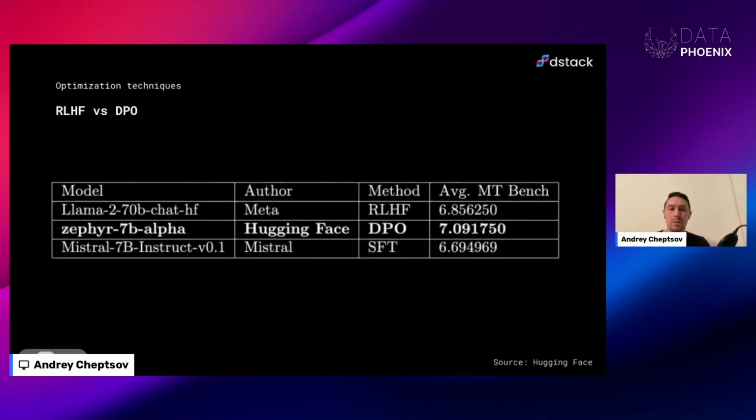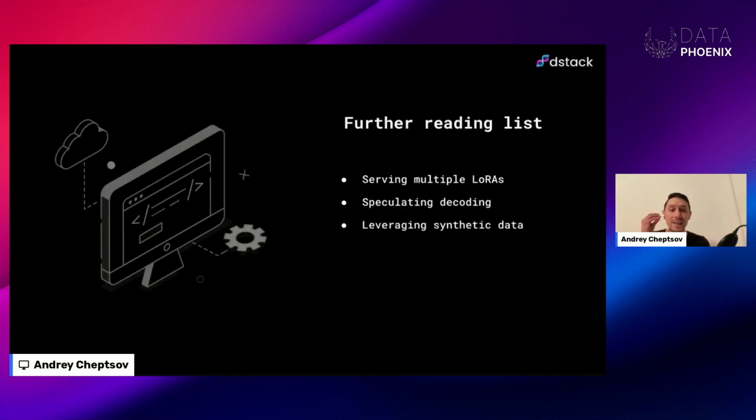There is a study by Hugging Face. They took Mistral and fine-tuned it using DPO to follow instructions. And what they got is that the final model beat Llama, which was trained with RLHF. So basically, DPO is very powerful, and it can easily be compared to RLHF.